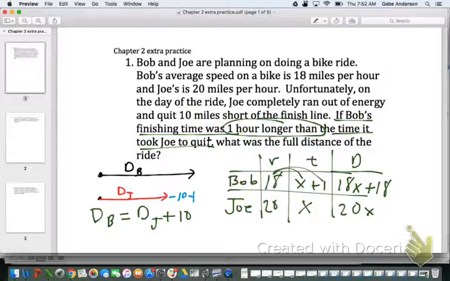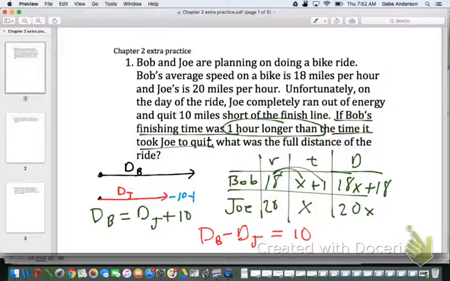Here are some other variations on this. Couldn't you have said, and I'll erase these in just a second, couldn't you have said this? Wouldn't this also be a truth? Distance of Bob minus distance of Joe equals 10. Is that not another truth? And that would be just as good as what we came up with, because isn't it just a slight rearrangement of what we did?